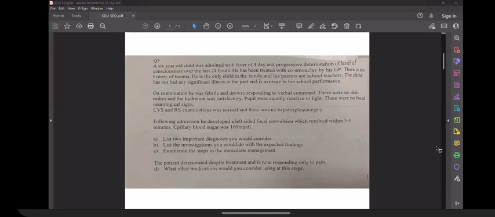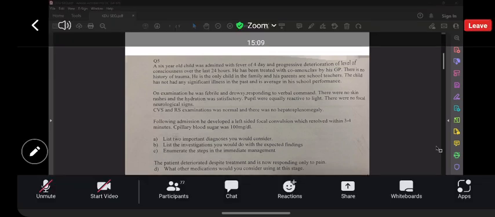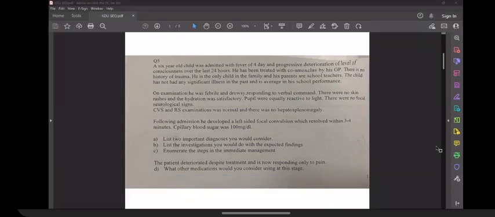This child has deterioration of level of consciousness, and viral encephalitis or viral meningoencephalitis is one of our main differential diagnoses. And the fact that the child has had focal convulsions, we have to very strongly think of herpes encephalitis as well.